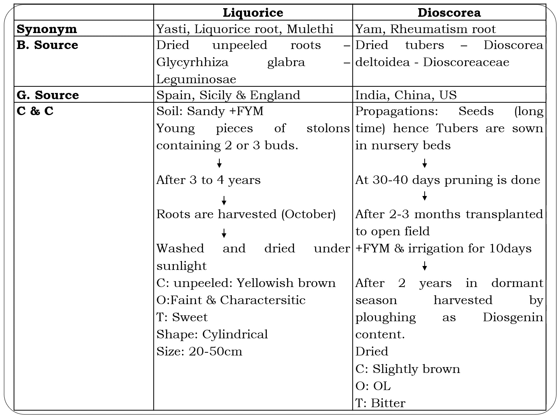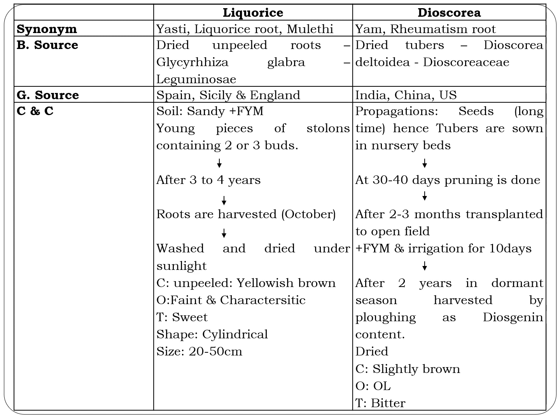The unpeeled root is yellowish brown, the odor is faint and characteristic, the taste is sweet, and the shape is cylindrical, measuring about 20 to 50 centimeters.